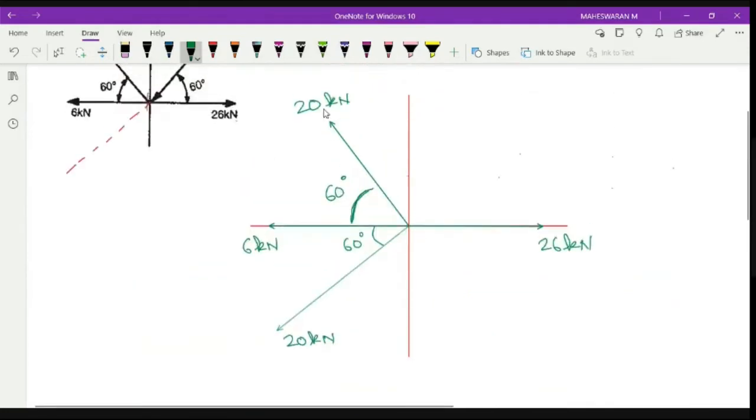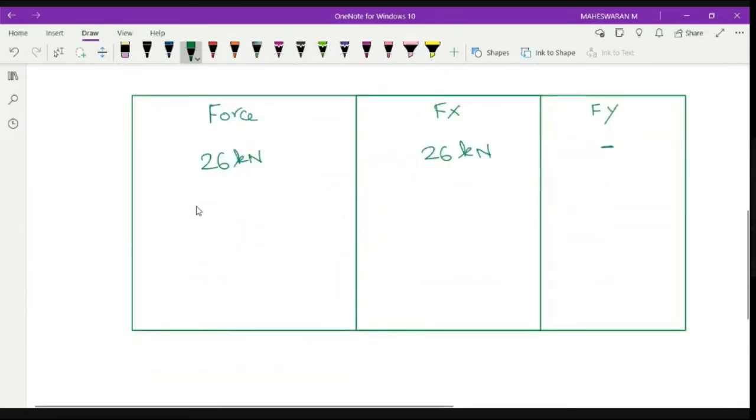Next, this 20 kilonewton. You have 20 kilonewton with an angle of 60 degree. When I shift it, I have to bring this force to the x-axis. What will you get? Your angle is decreasing or increasing?